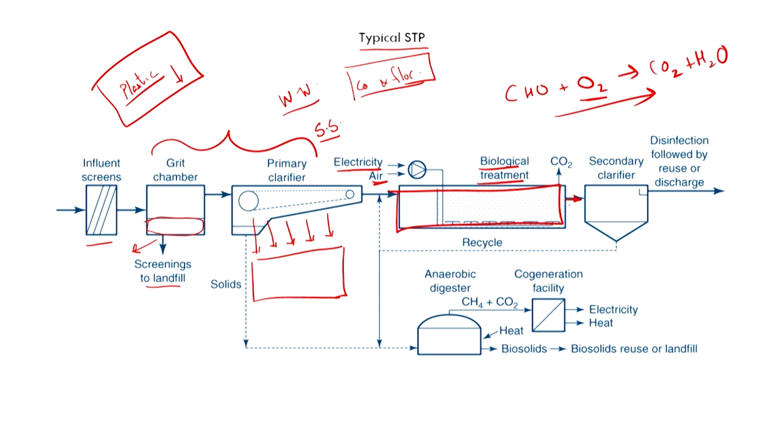One aspect that I need to point out is that the microorganisms that thrive here typically kill almost all, or most rather, of the pathogens that come in via the wastewater. That is one thing to keep in mind. The pathogens are not going to survive this environment where different kinds of microbes thrive. Quite a lot of the pathogens are killed here itself.